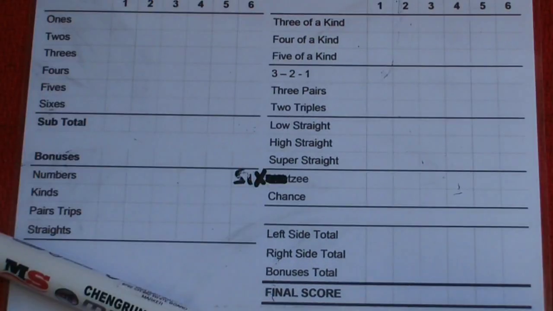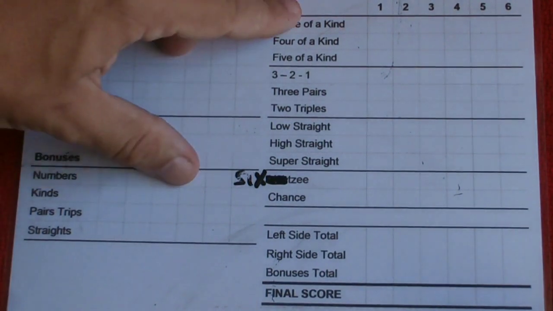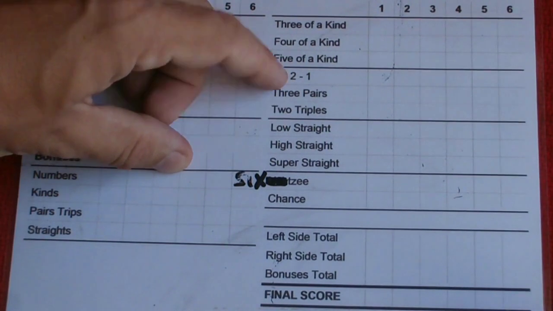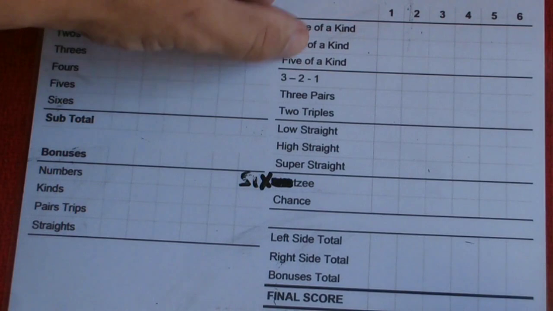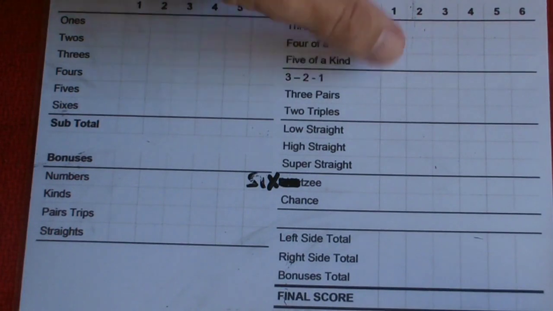So now we have to talk about the bonuses. In Sixzee there are 4 bonuses available to you. 1 for each section of the scorecard. We have a bonus for the numbers, a bonus for the of a kinds, a bonus for the pairs and triples, or combos as I like to call them, and a bonus for the straights. On this side of the scorecard it's very simple. If you get more than 0 in each box in each section, then you score 30 points bonus.